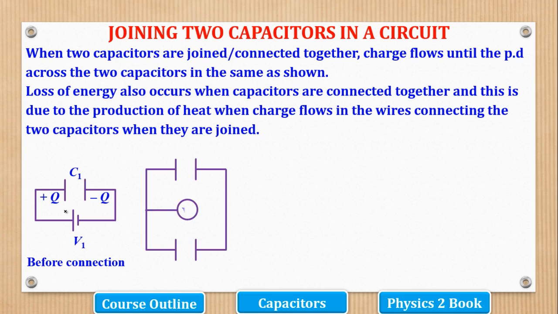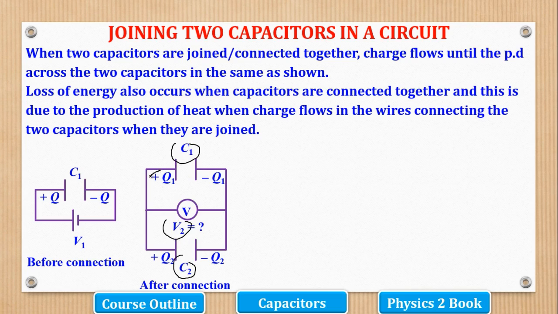When they are connected in parallel, charge will flow until the PD is the same in both capacitors. So this one and this one, they all have a PD V2, and that means that here now the charge will reduce to Q1, and so that this one also acquires a charge Q2.